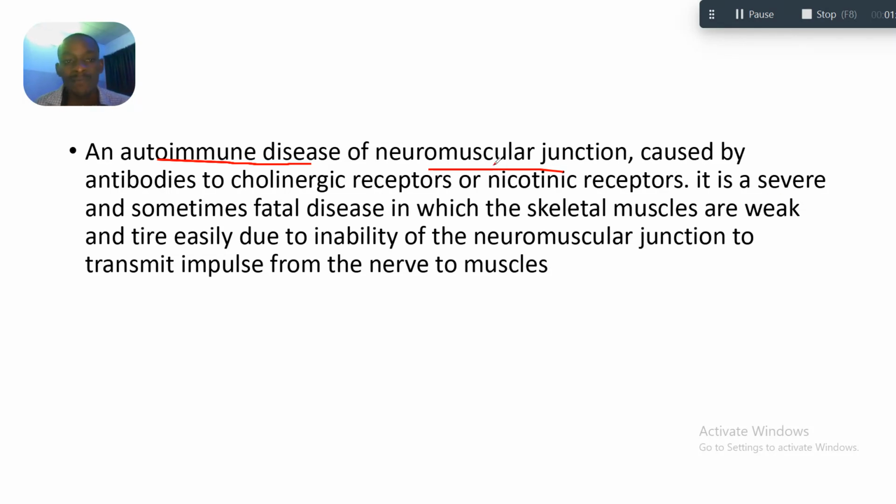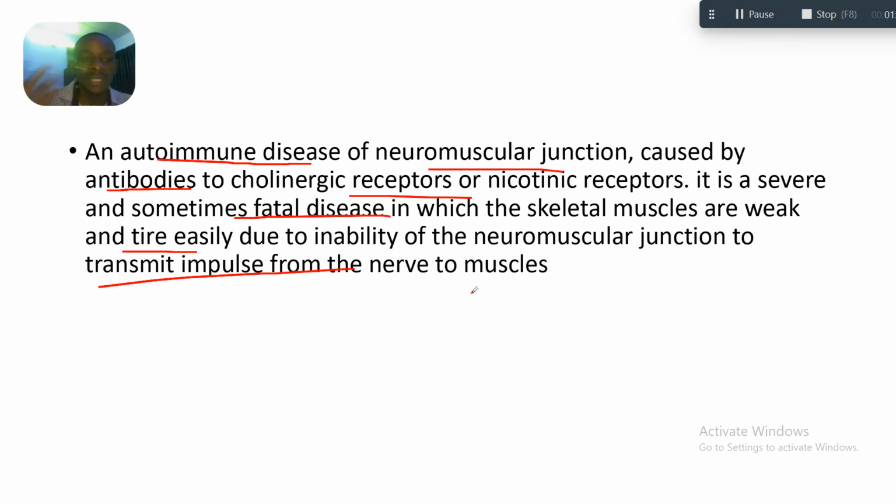Now, myasthenia gravis is caused by what? Antibodies to cholinergic receptors or nicotinic receptors. It is a severe and sometimes fatal disease in which the skeletal muscles are weak and tire easily due to inability of the neuromuscular junction to transmit impulses from the nerves to the muscles.